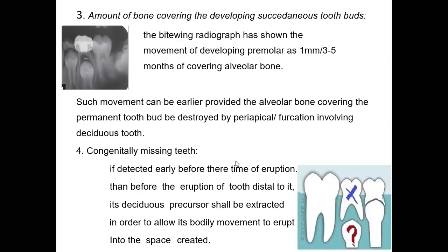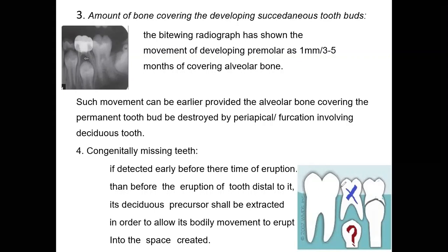Also, there is another indication where we give a space maintainer: when there is a congenitally missing tooth. For example, this tooth is missing congenitally. It's not exfoliated. By birth, it is not present in the oral cavity. What we will do in that case, we know that our permanent tooth is supposed to erupt at this space.